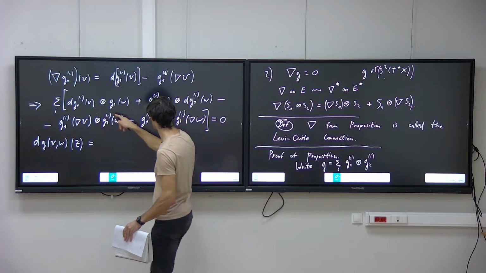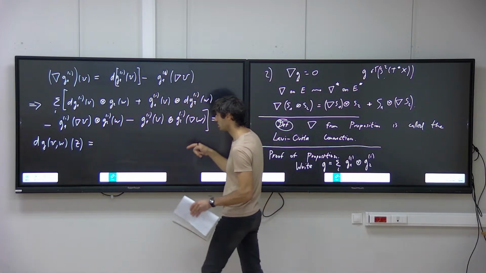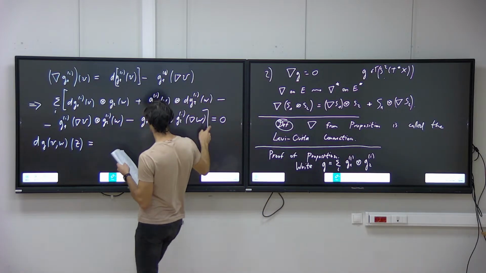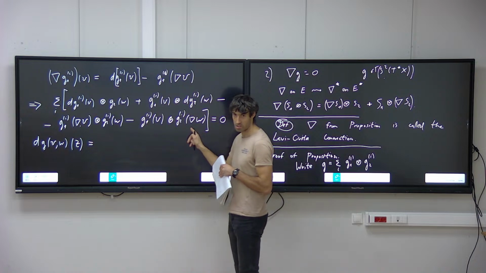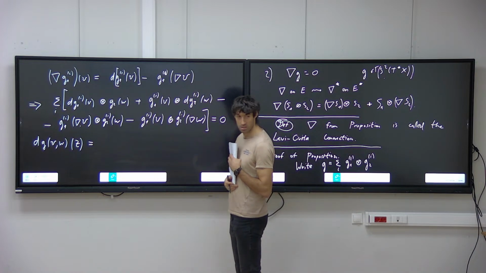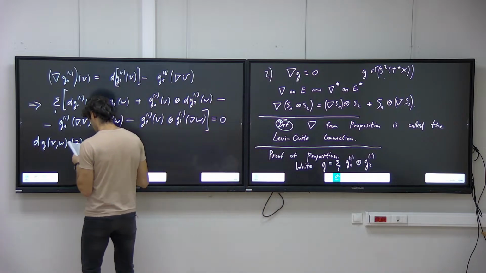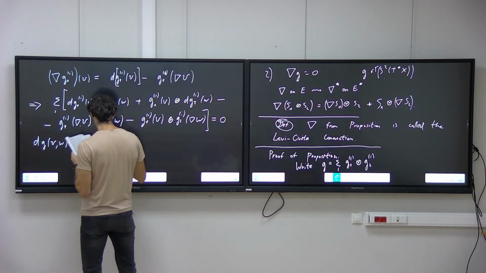If I substitute Z in here and here, and this guy, I should substitute Z as a subscript into nablas. Okay. Is that vector control? Yes. Mm-hmm. And this will give me G of nabla.